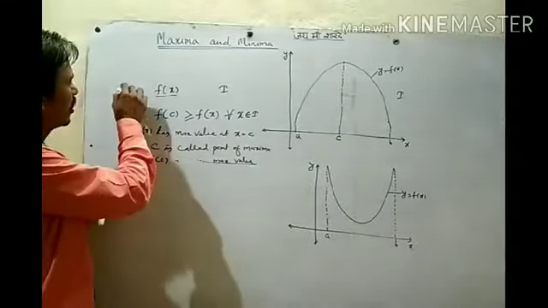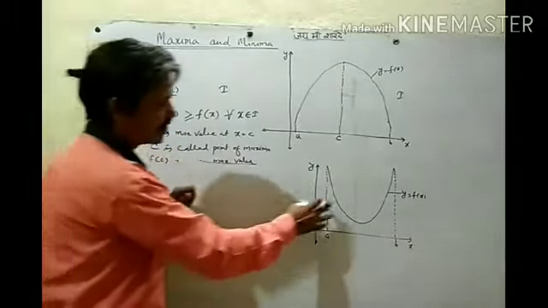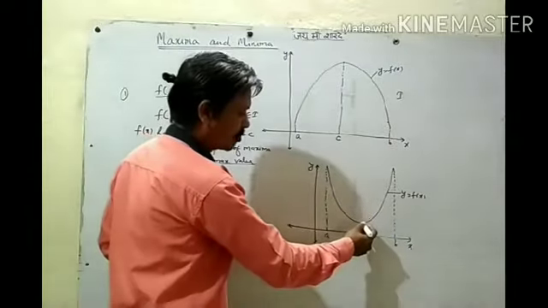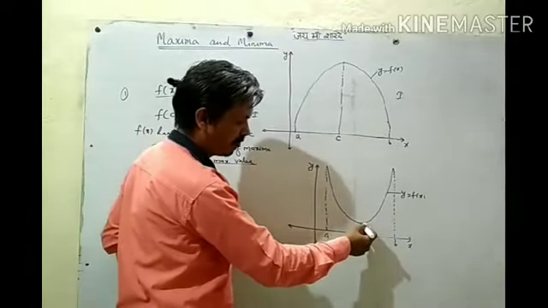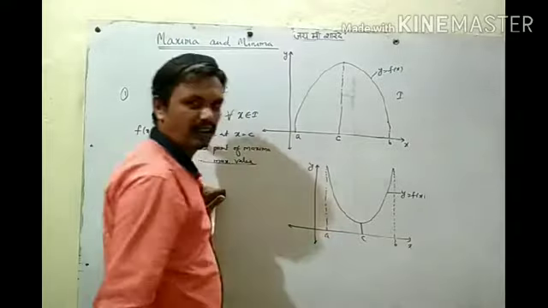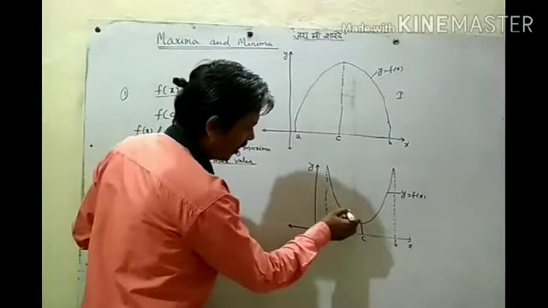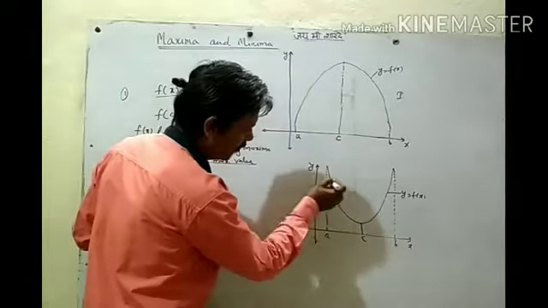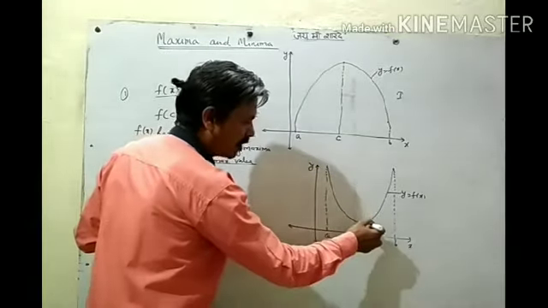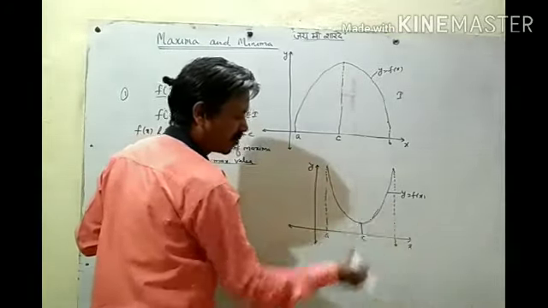Okay? In the same way, if we consider this graph, at this point we get the minimum value. All the y here are greater than this y.